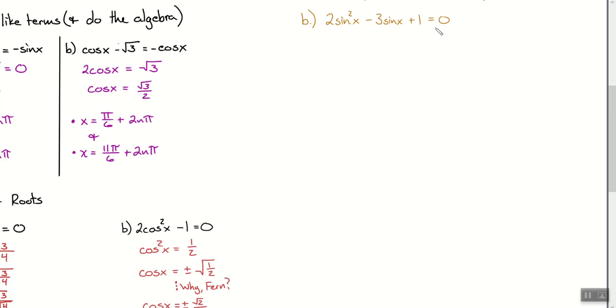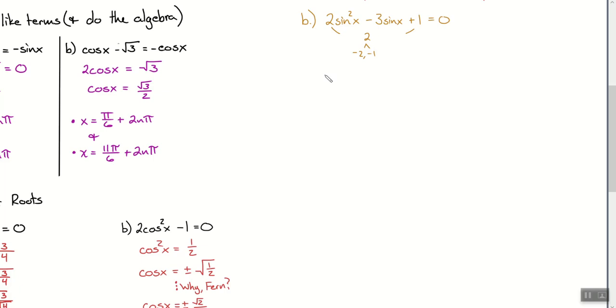There is no greatest common factor. It is not a binomial, so difference of squares doesn't need to get covered. It is a trinomial, but the leading coefficient is not 1, so it is not going to be a nice shortcut trinomial. So I will factor by grouping, where I'll multiply 2 and 1 to get a 2, and I recognize that -2 and -1 are the two numbers that multiply to be a positive 2, but sum to the -3 right here.